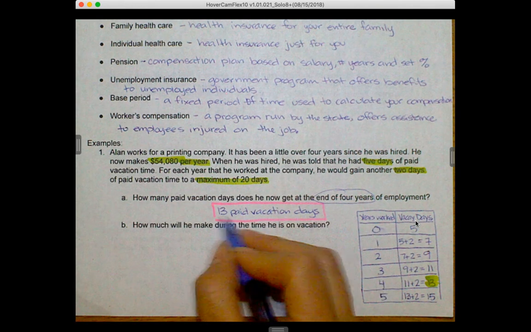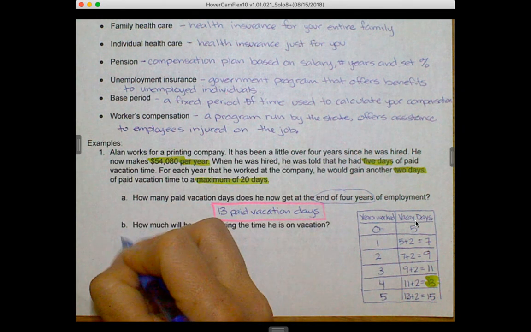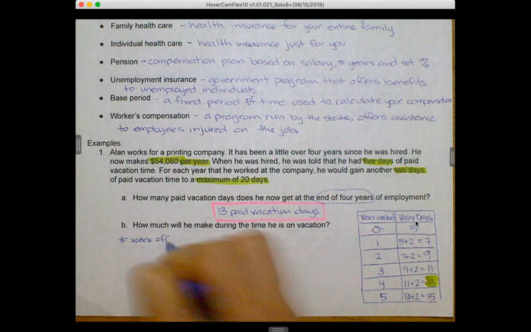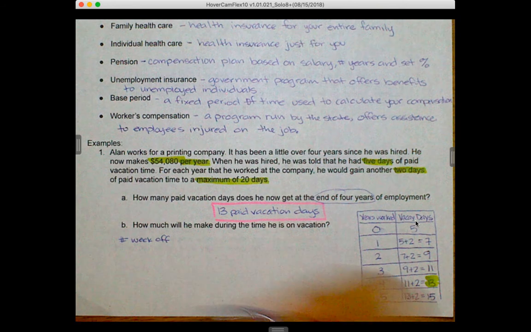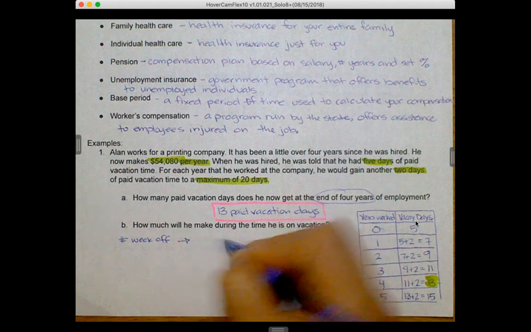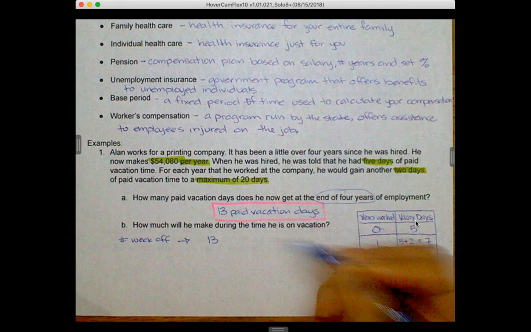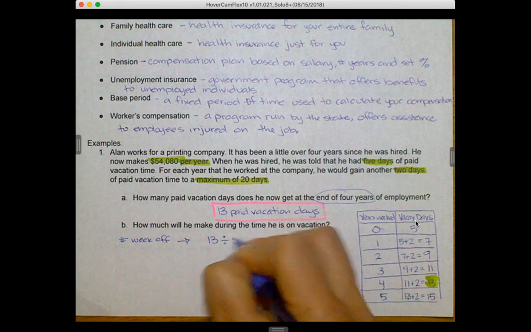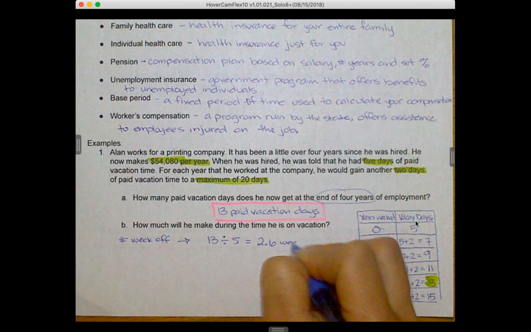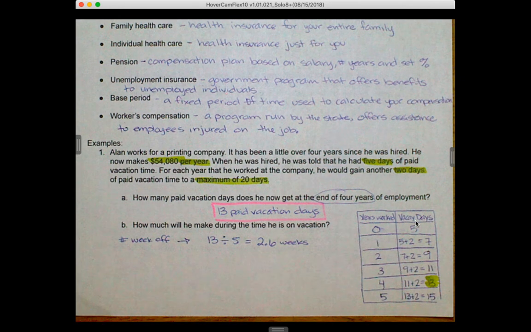So how many weeks off does he actually get? Most businesses have a 5-day work week. So we're going to take his paid vacation days and divide it by a 5-day work week. That gives us 2.6. So he's got 2.6 weeks of paid vacation.